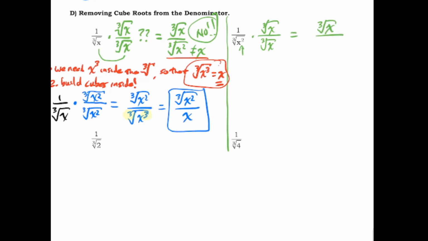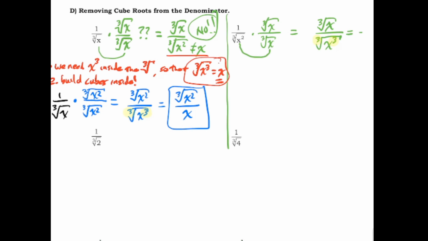On the bottom, when you multiply these two things together, you multiply the insides, right? X squared times x is x cubed. And that's the situation you wanted, is you have a cube inside of a cube root, because that will simplify to just an x on the bottom. So the top has a cube root of x, that's still there, but the bottom is just an x. That's how you rationalize a cube root denominator.